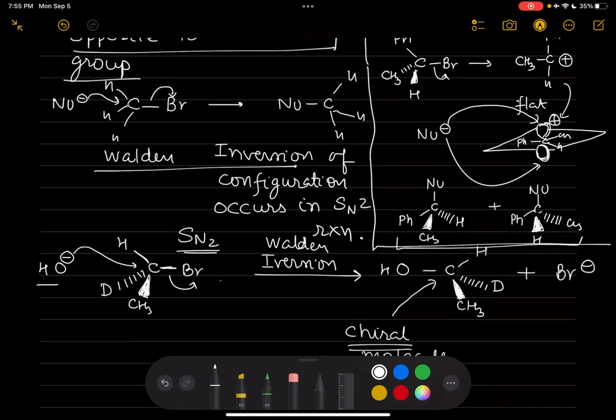Actually, they appear to be the same, but you need to check them very closely. If we try to superimpose them, they are mirror image isomers. You can see that if you try to touch them to the mirror, Rayan, they are mirror images of one another.